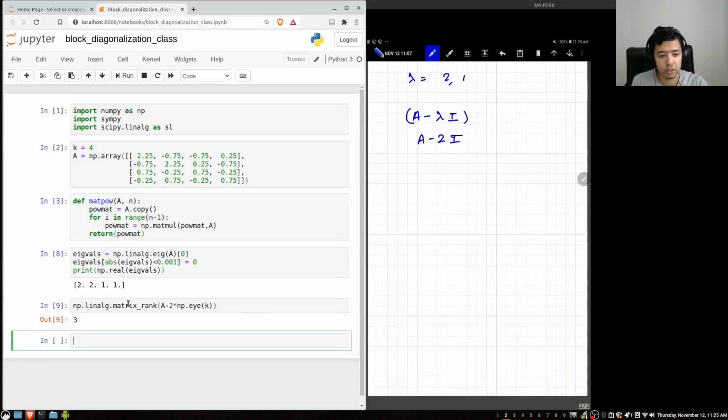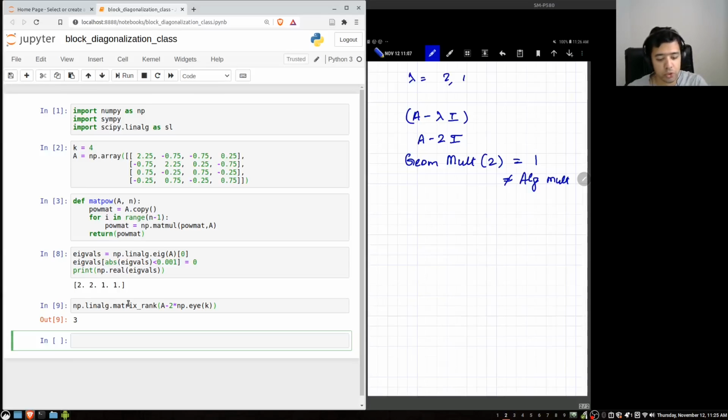Therefore, the nullity of this particular matrix is 1, and therefore the geometric multiplicity of 2 is equal to 1, which is not equal to the algebraic multiplicity. Therefore this matrix is obviously not diagonalizable.